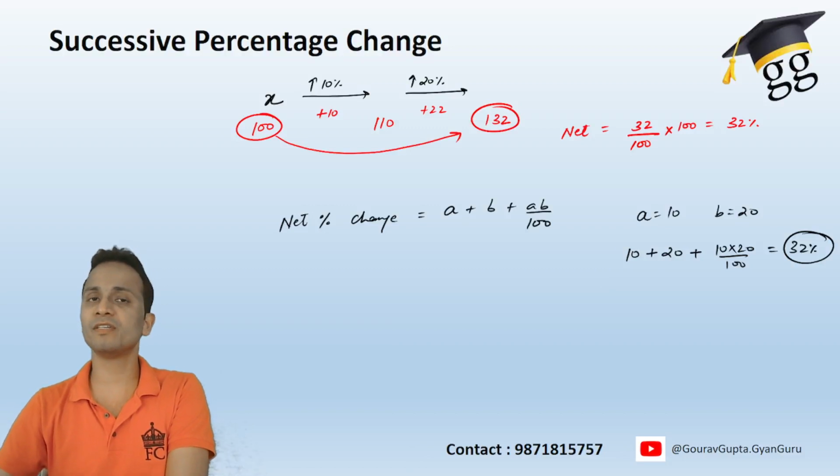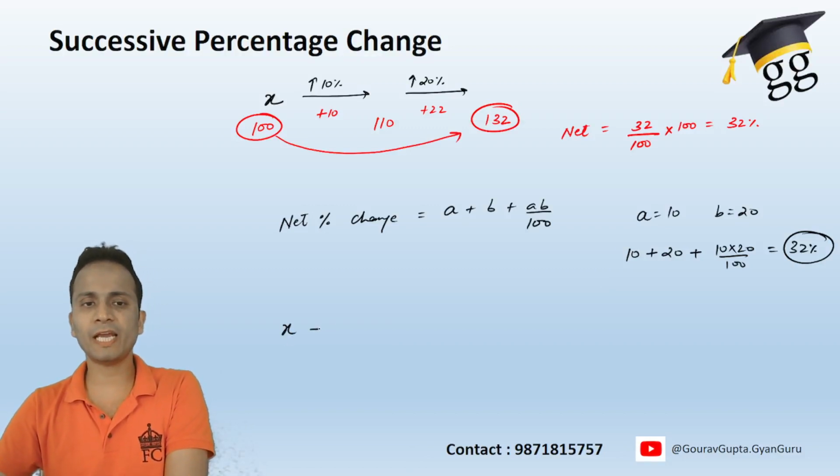एक negative वाला example लेते हैं. So let's say X is first of all increased by 20% and then decreased by 30%.